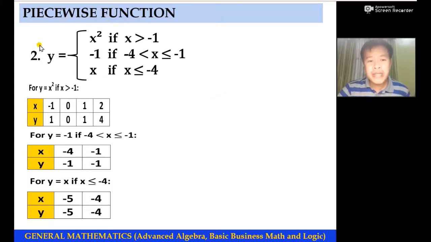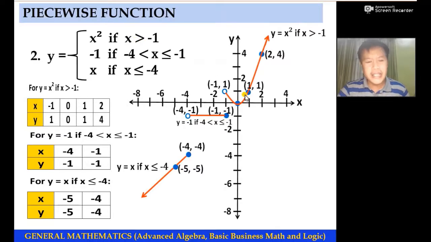Now, how are we going to sketch this one? The graph of this piecewise function is composed of 3 different sub-functions. The first one is a quadratic function with a domain of x is greater than negative 1. This is it. We are going to plot these points of our quadratic function y is equal to x squared. If x is equal to negative 1, our y is positive 1.